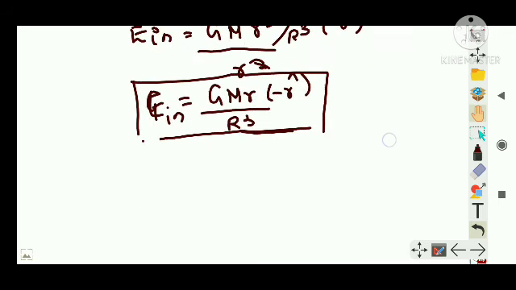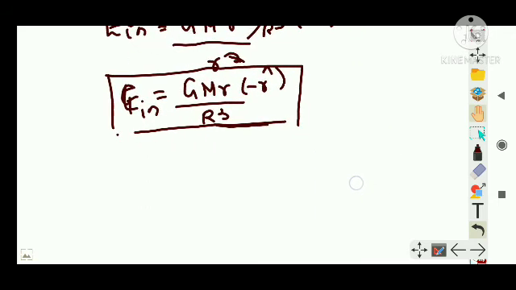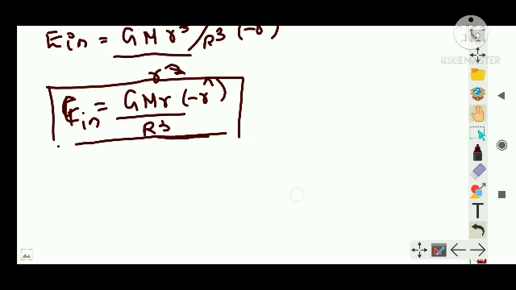Clear? So again I am depicting, this is purely based on an entrance topic. Now this can even be shown graphically, the electric field for a solid sphere. If someone asks you to show it graphically, how would you show it?